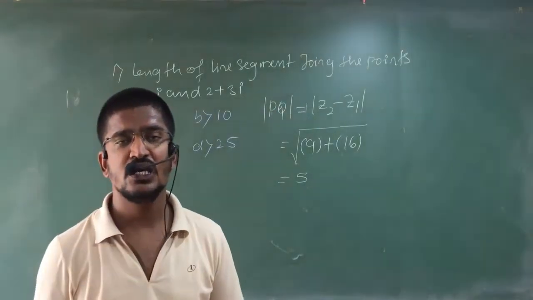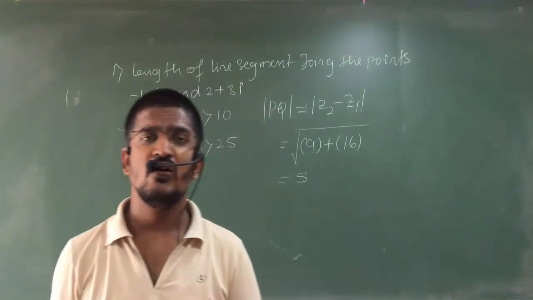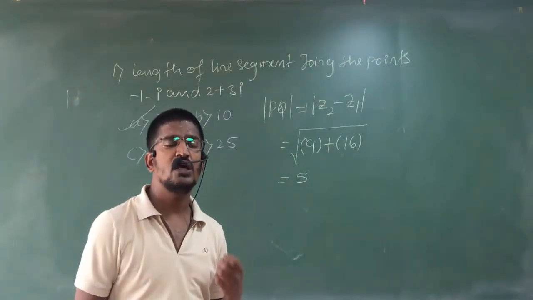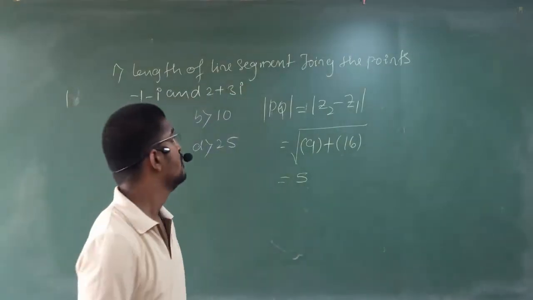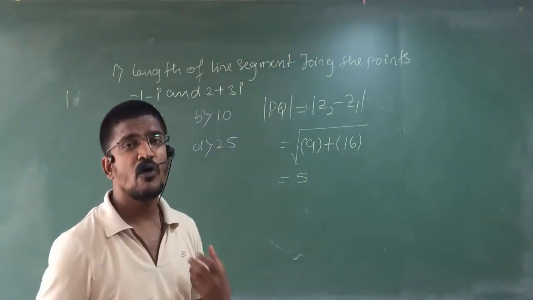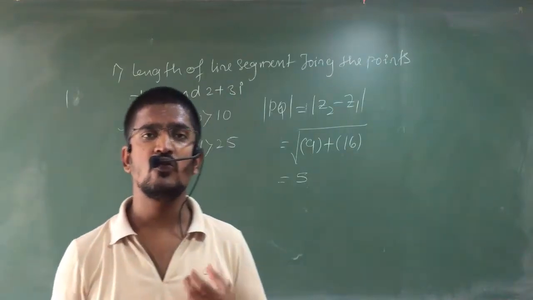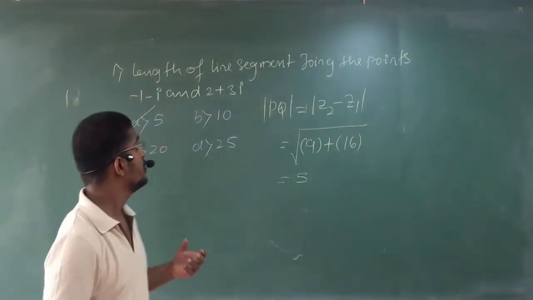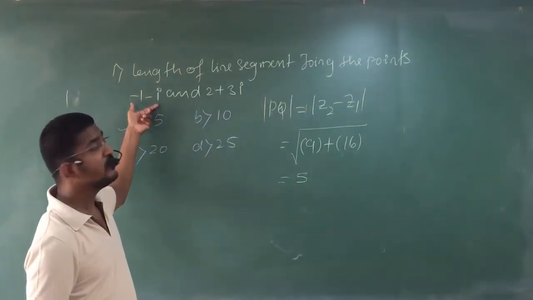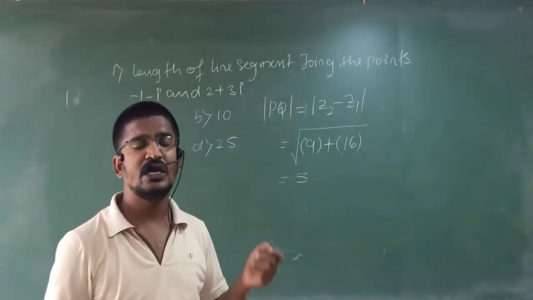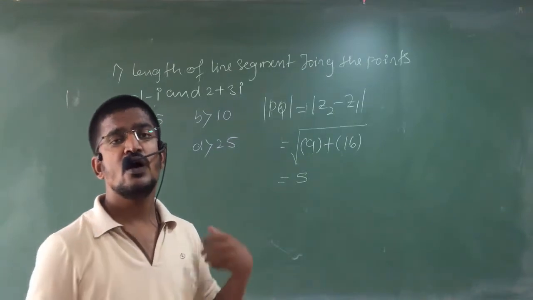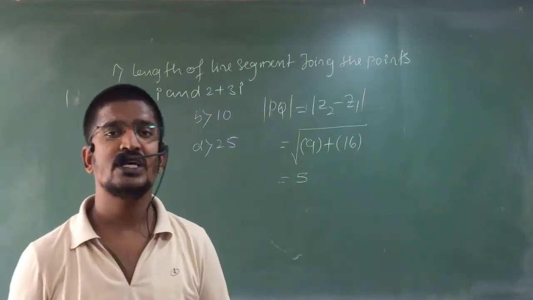That means they are checking, do you know the formula of solving the distance between two complex numbers or not? Very, very simple problem. You must know how to find the distance between PQ, because here A plus IB form, C plus ID form. In the form of A plus IB and C plus ID, you must know how to subtract two complex numbers.